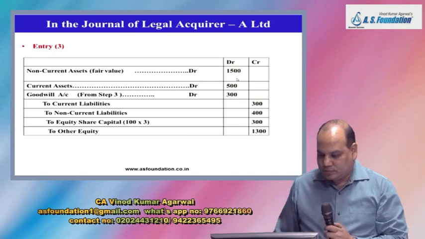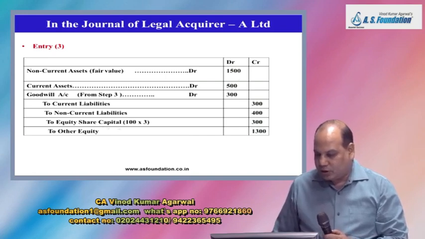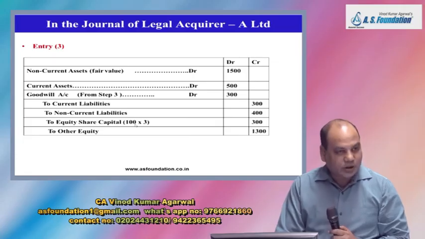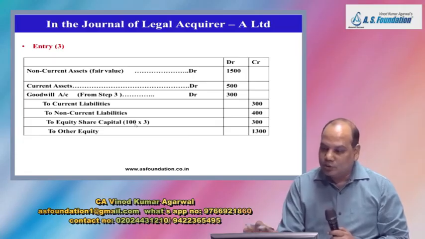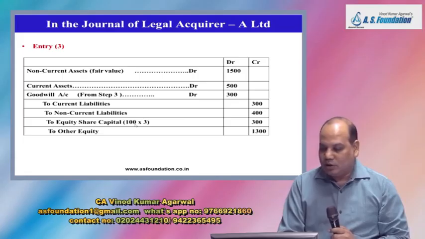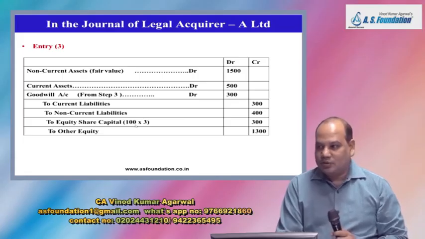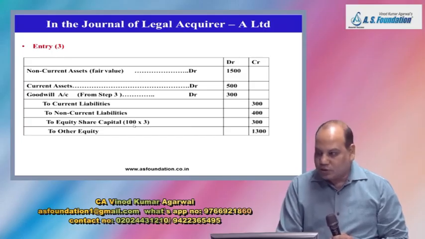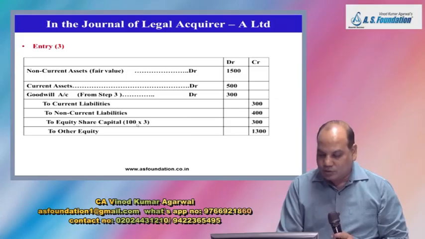Now pay attention. How much share capital I will write here? I will write the same share capital because we are in the books of A Limited only. How can this number of shares change? Yes or no? This is what I was telling you. This will be given to you. So you just take it again, same figure, 100 into 3.